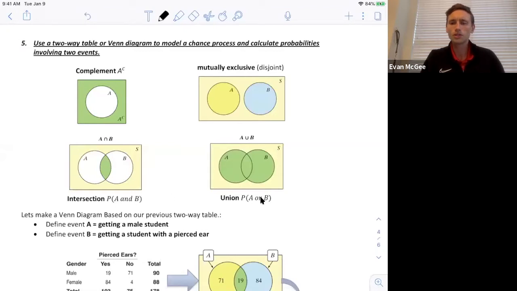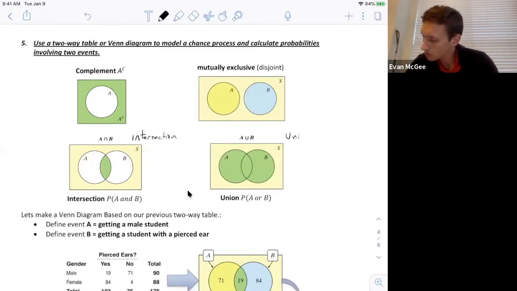The union is an or statement, and that is going to be anywhere. If it's an or statement, that means it's just A, it's both A and B, or it's just B. So you need to remember that U is union and N is intersection, and the symbol for it is up here, A intersection B, A union B. The best way to remember is intersection like this, and then you have union like this.